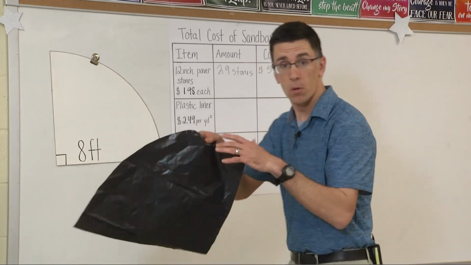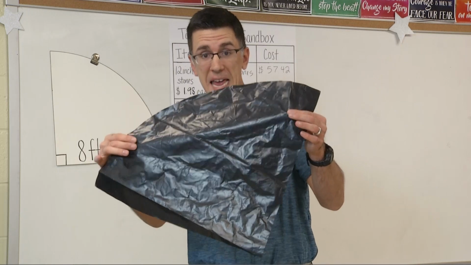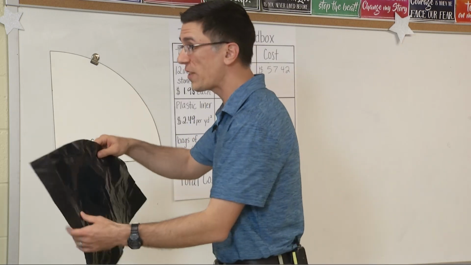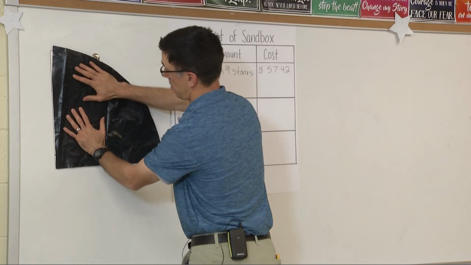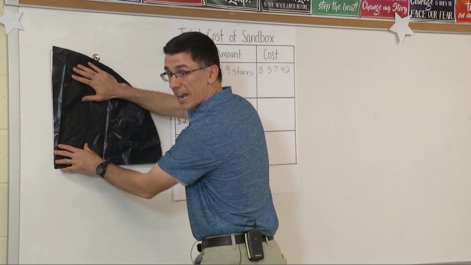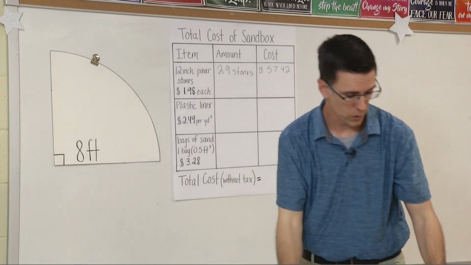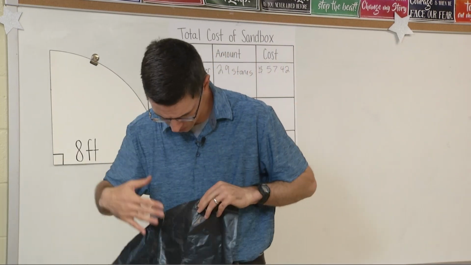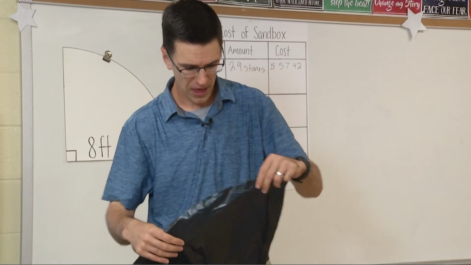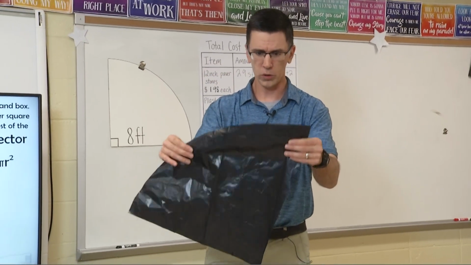Okay, now, the next part of this problem, a plastic liner. Now, remember this plastic liner is going to be put down on the inside of this sandbox so that weeds will not grow through. So let's look at this. We want to find the amount of area that this plastic liner will take up.